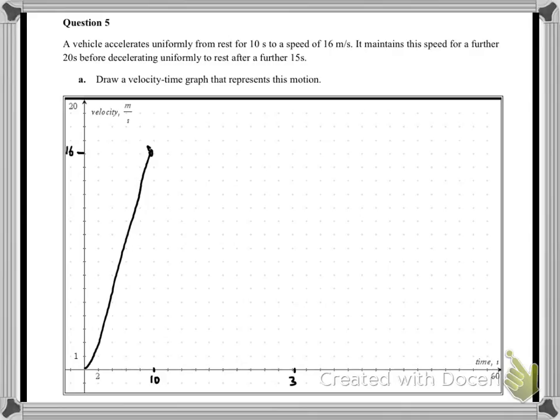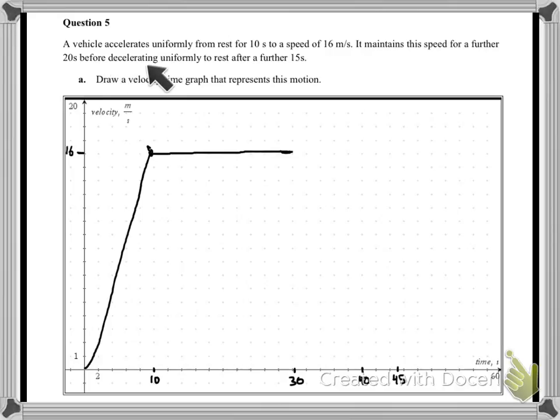There it is. Then it's going to maintain this speed for a further 20 seconds. So maintain the speed means a constant speed of 16. Jump, there it is. So a further 20 seconds on top of 10 seconds brings us to 30 seconds.